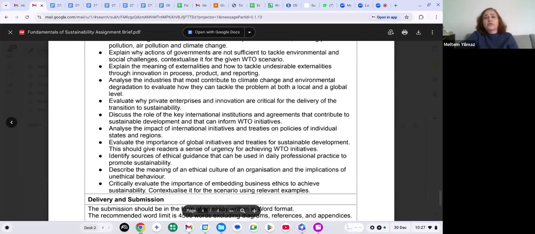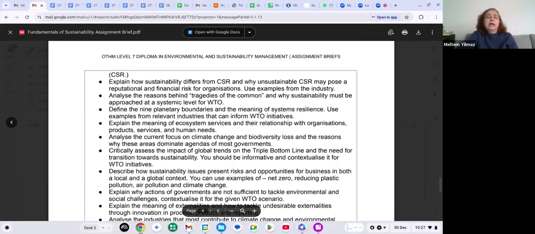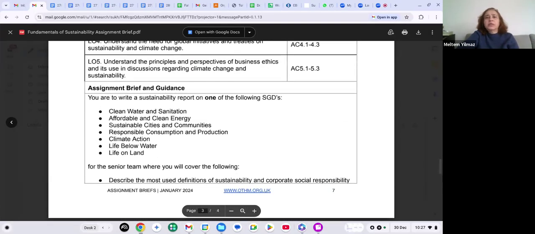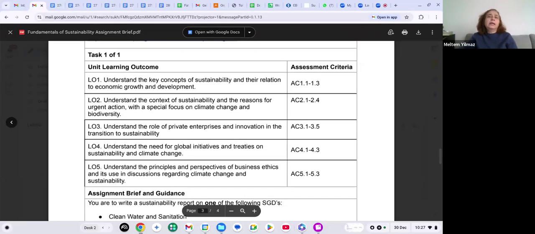So this is, of course, a very complex and achievable paper. So it is important to show the learning outcomes first in summary.